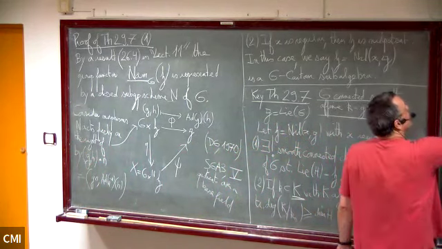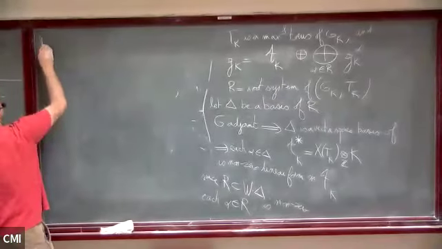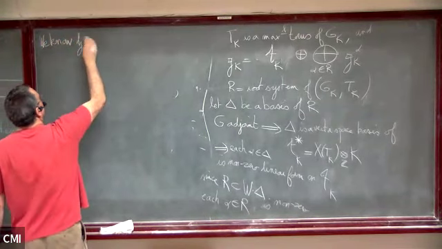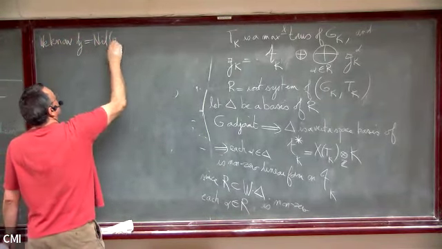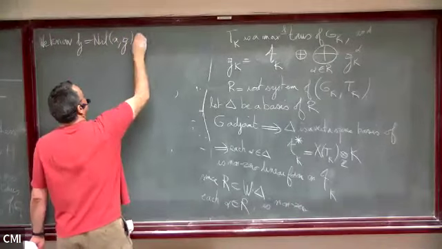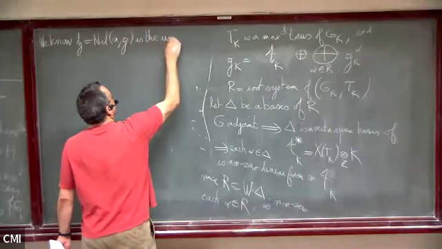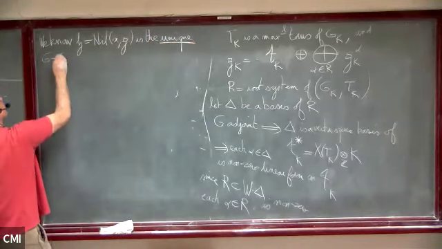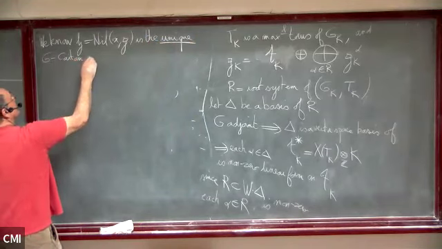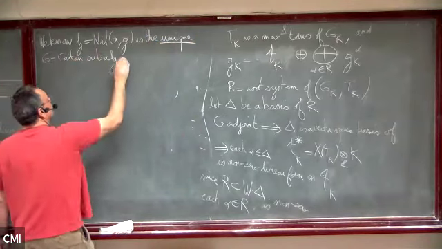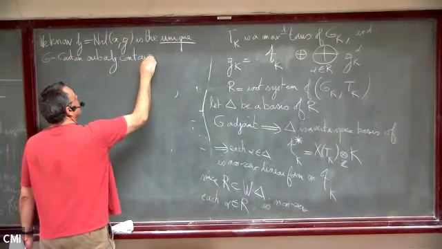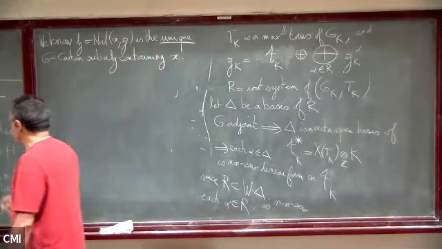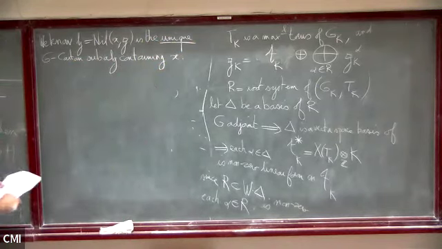And I remind you that I proved an easy proposition. So we know that H, which is a Cartan subalgebra, is the unique G-Cartan subalgebra containing X, for X regular.